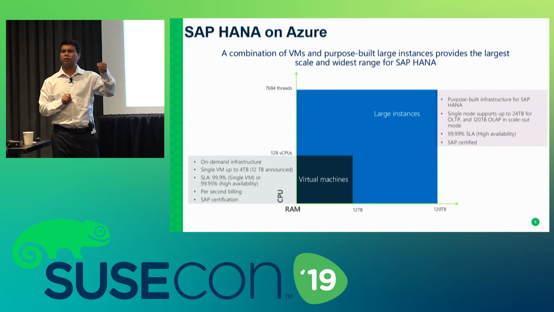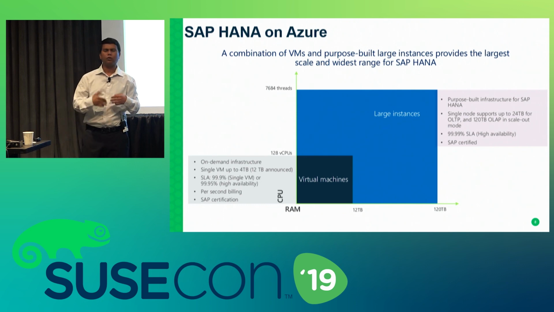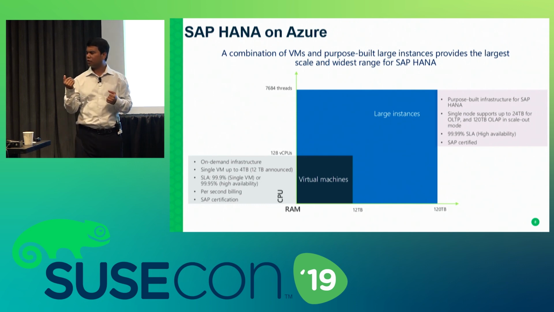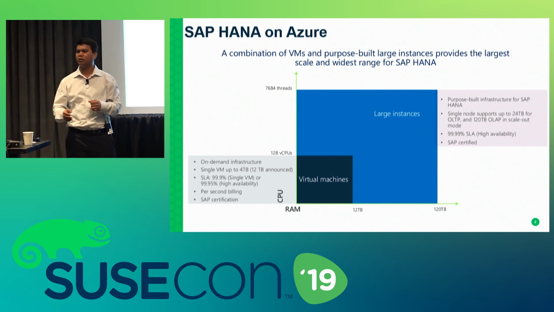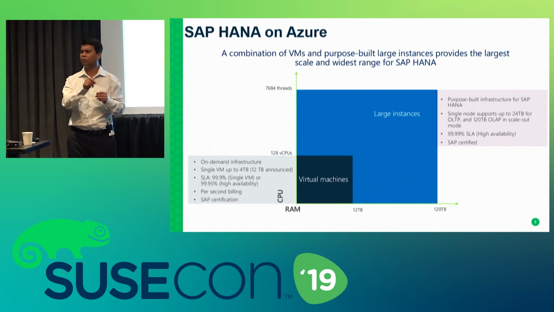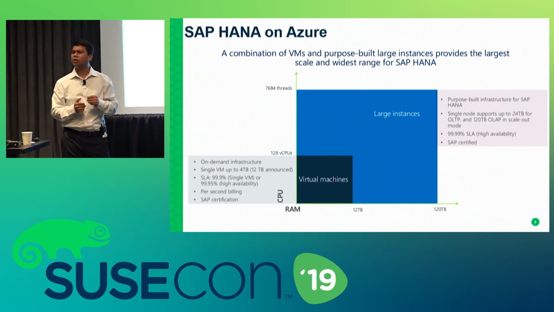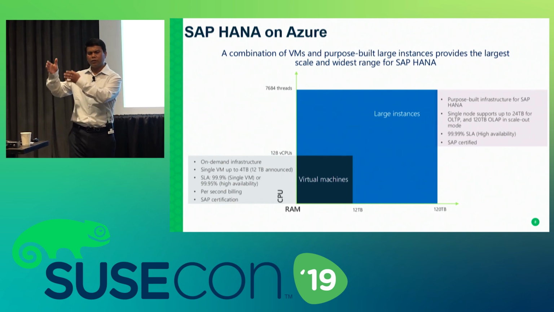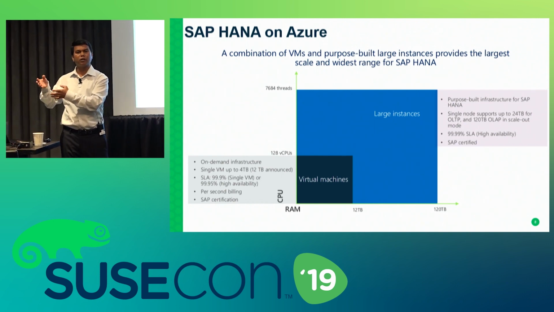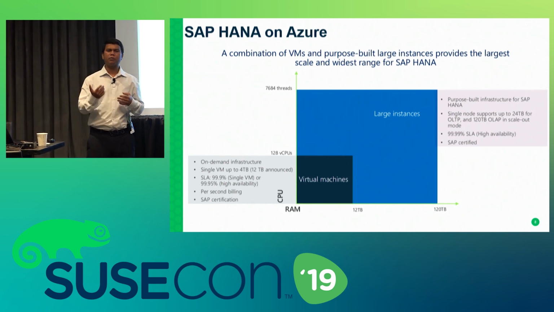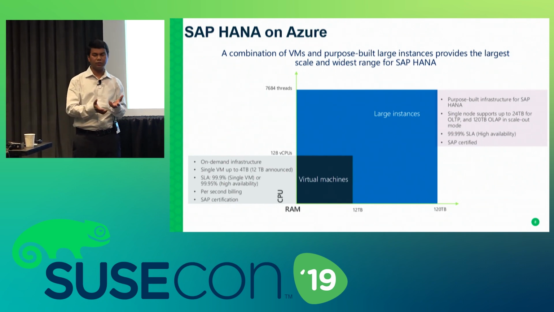One pillar is commonly known as the VM, the virtual machine, which is also called on-demand, meaning you go to the portal, or use Azure Resource Manager or the CLI, and you just provide parameters, submit the request, and within a few minutes you have your infrastructure ready. That's the virtual machine. On the other side, which is getting very popular nowadays, is a service we started about 3 years ago called HANA Large Instances.